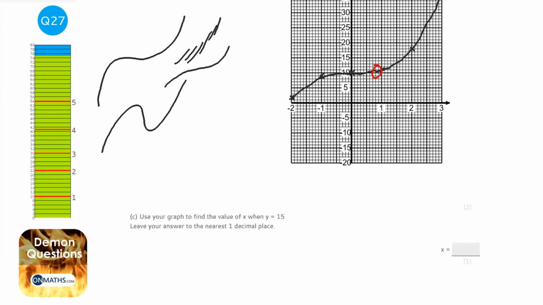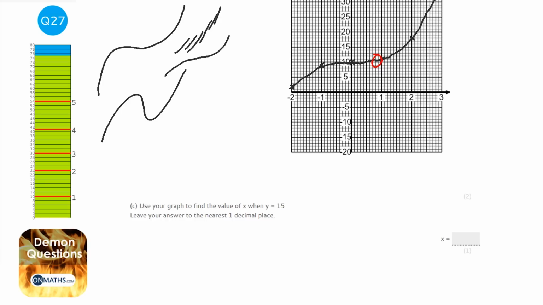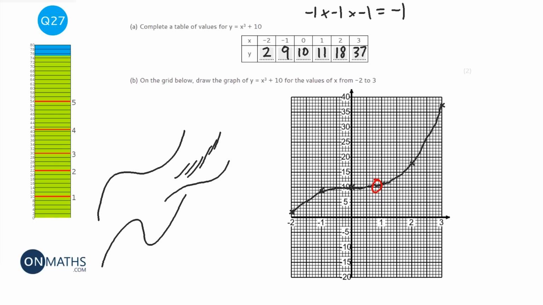Okay, so it says use the graph to find out the value of x when y is 15. So I'm going to draw a line across where y is 15. So y is 15 here, and the solution is going to be where the two lines hit.